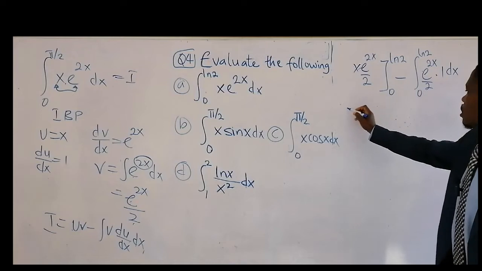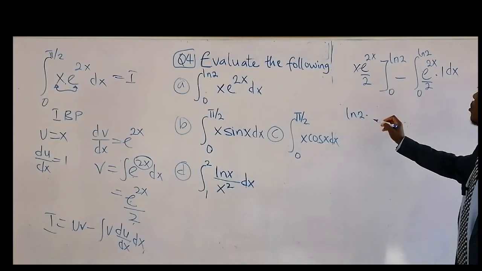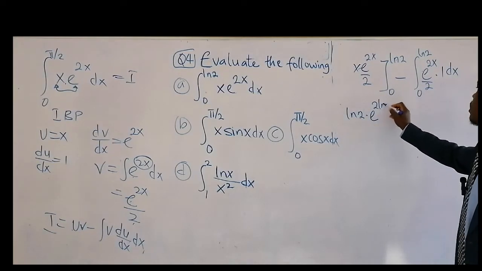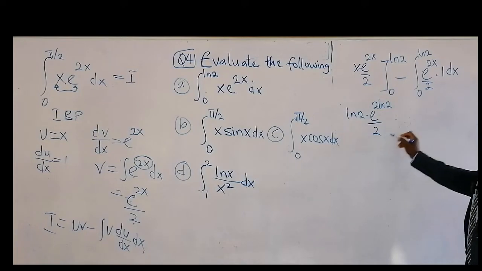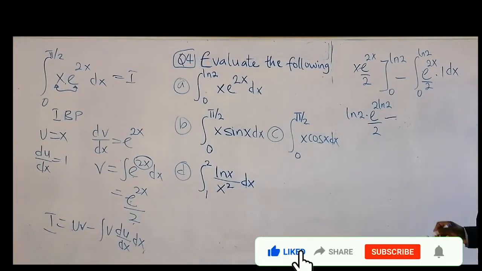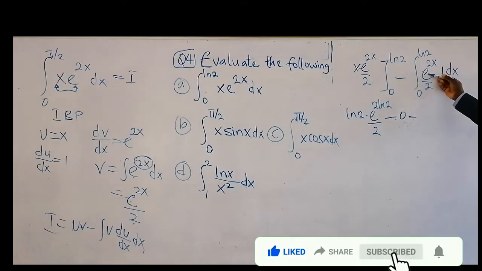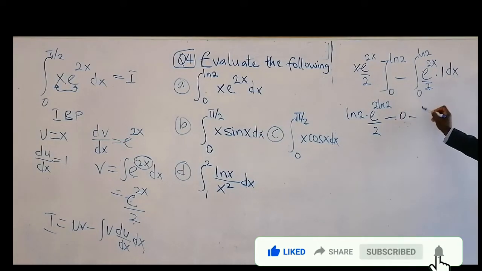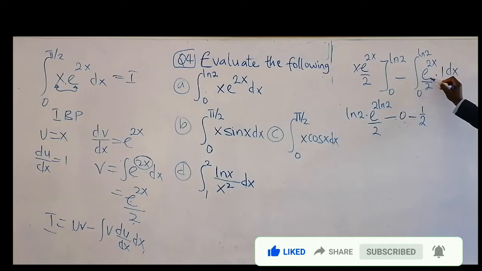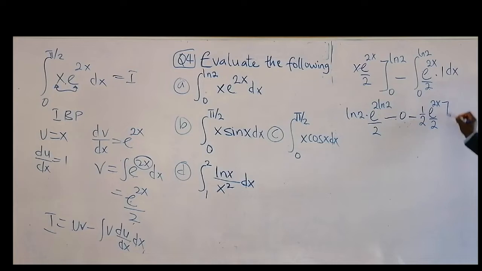So we can begin to plug in. The upper boundary: ln 2 times exponential 2 times ln 2 all over 2, minus the lower boundary, which will be 0. Then minus the integral of this one. This 2 can be outside the integration, all over 2. The integral of exponential will give us this all over 2. Then put your upper and lower boundary for this last one.